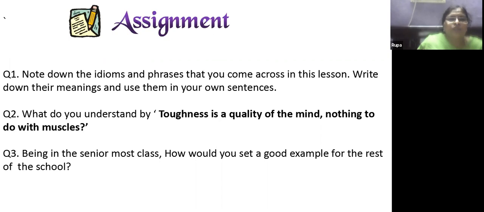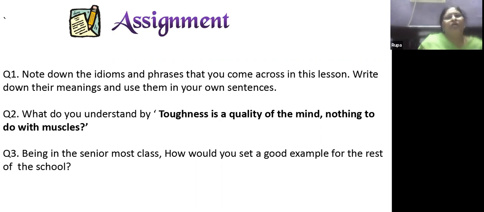After you do that, the next question is to put down in your own words what you really understood by 'toughness is a quality of the mind, nothing to do with the muscles.' Write what you really understood when I was explaining this particular statement.